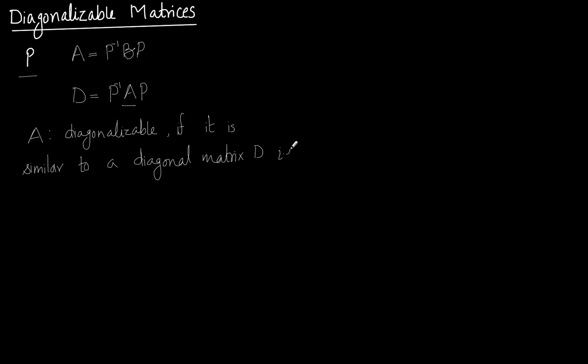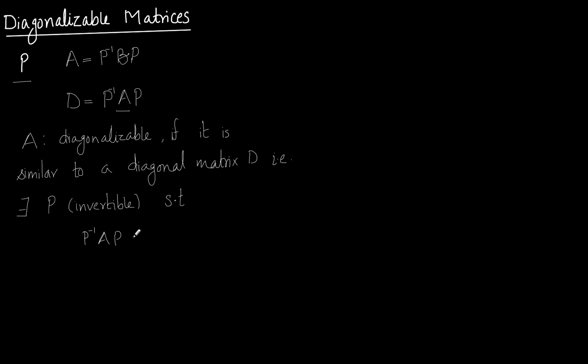It means that there exists an invertible matrix P such that P inverse AP is the same as the matrix D, where D is a diagonal matrix. As we have seen already, two similar matrices have the same eigenvalues. So the eigenvalues of matrix A are nothing but the diagonal entries of the matrix D.